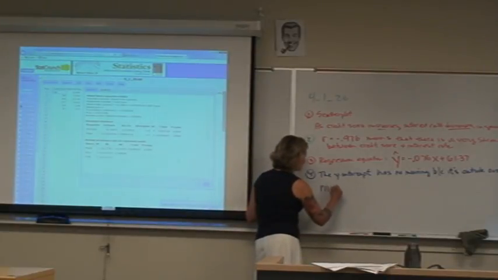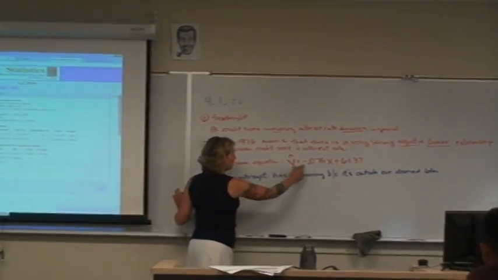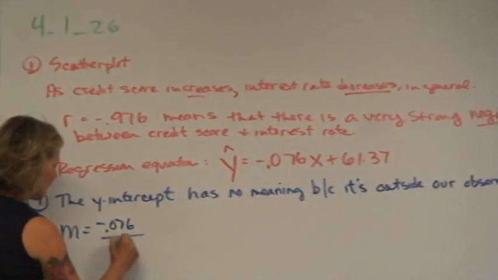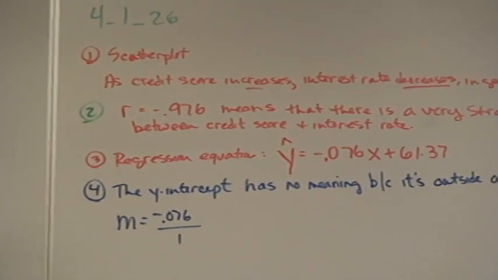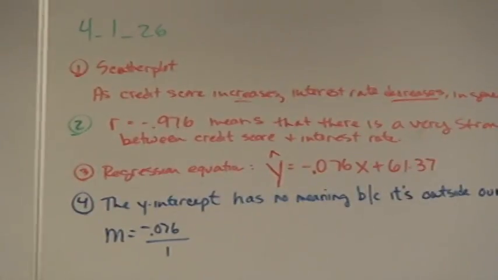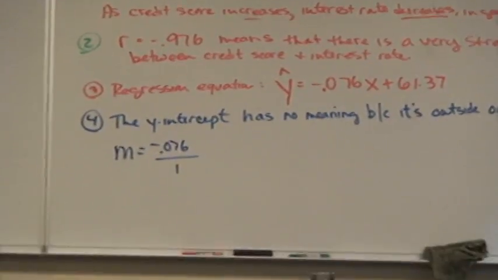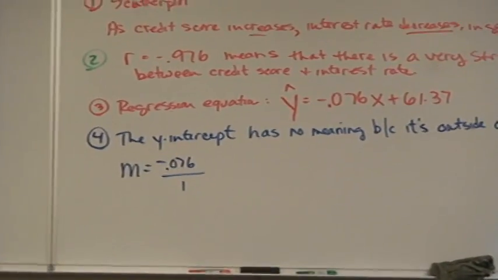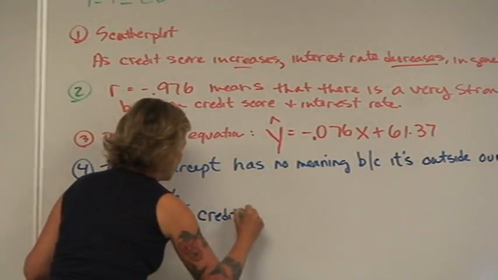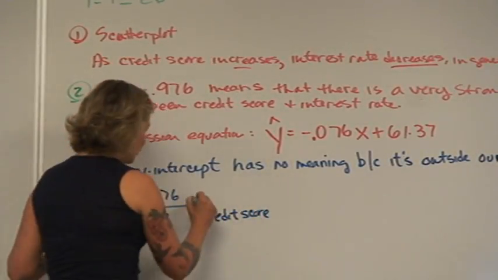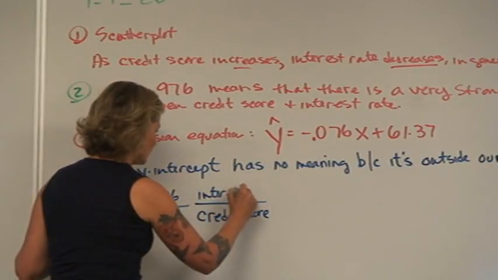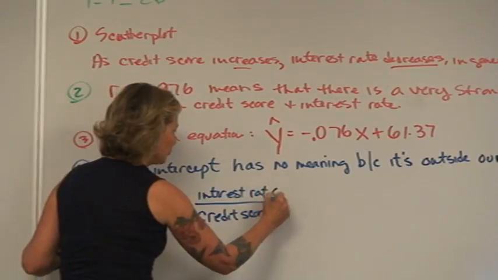Okay, so our slope is negative 0.076. Let's look at the units. Our credit score has its own units, it's just credit score, and our interest rate is in percent.